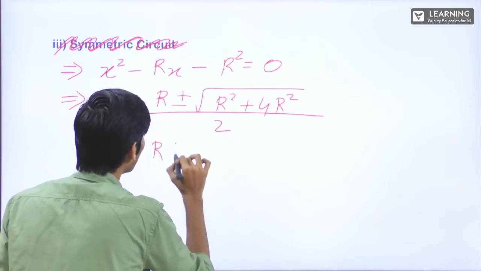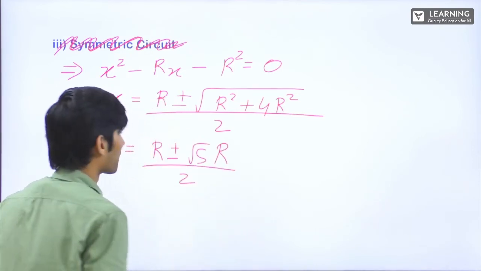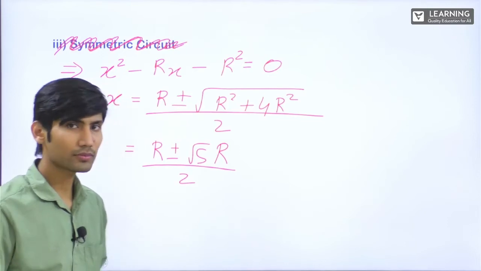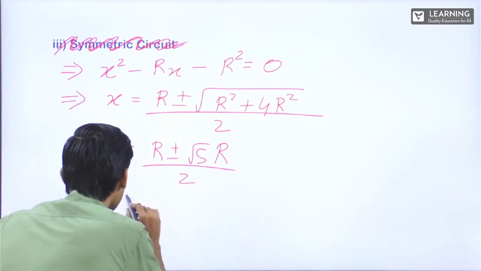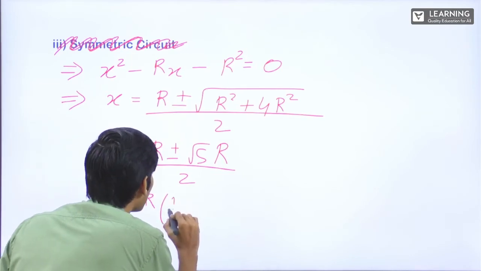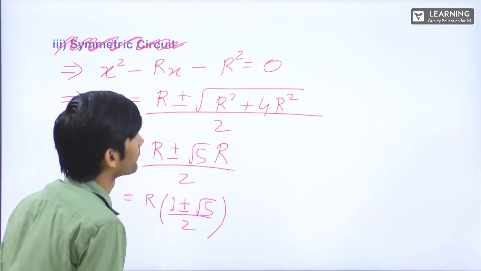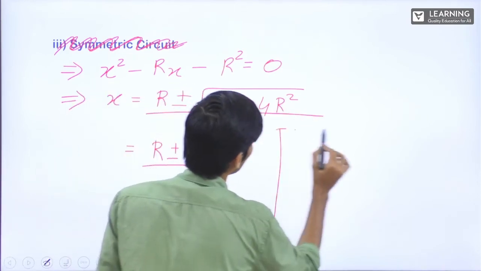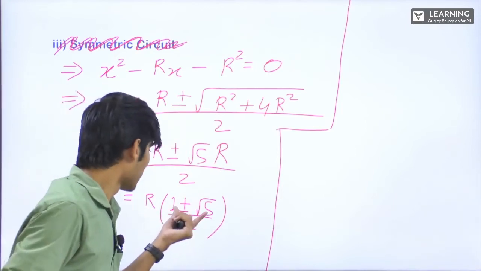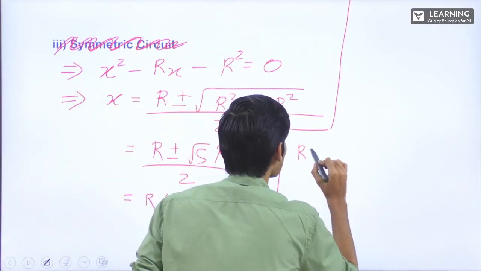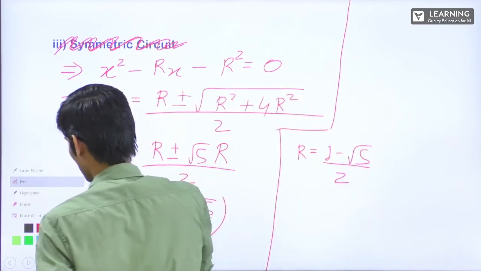R plus minus root 5 R by 2. Two answers. But there has to be only one answer. If I make this R common, this will be 1 plus minus root 5 by 2, into R. That means the two answers are 1 plus root 5 by 2 and 1 minus root 5 by 2 times R.